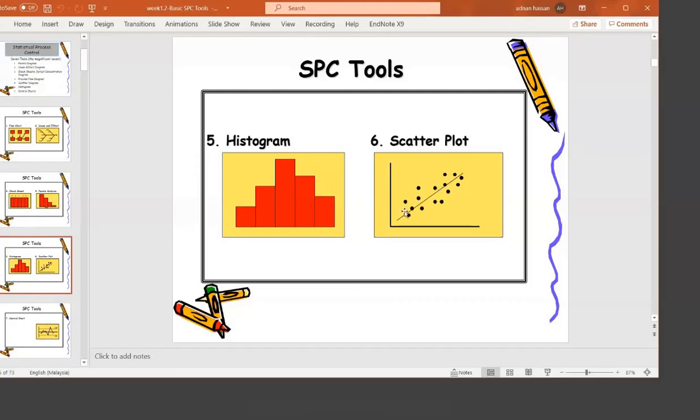Maybe the example is showing like this, but in the case of your data just now, everything is from the data that was given, so you may have a relationship something like this, for example. This is like y equal to mx plus c.